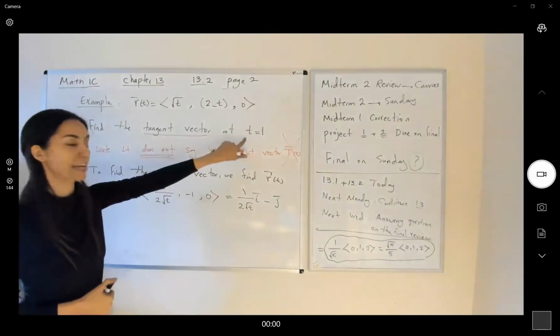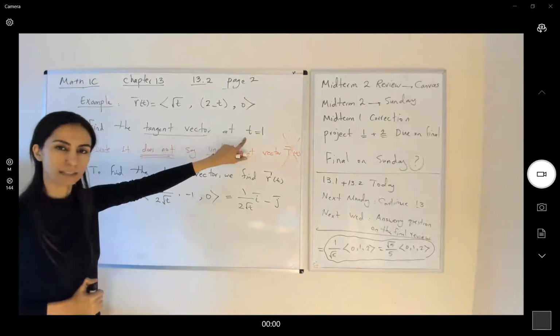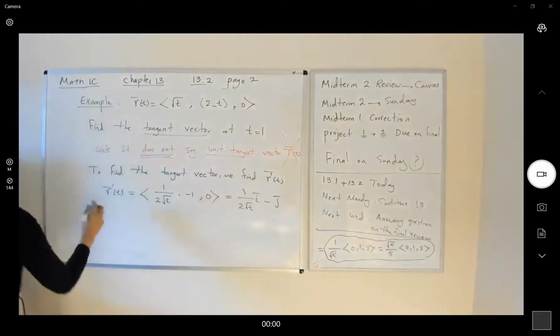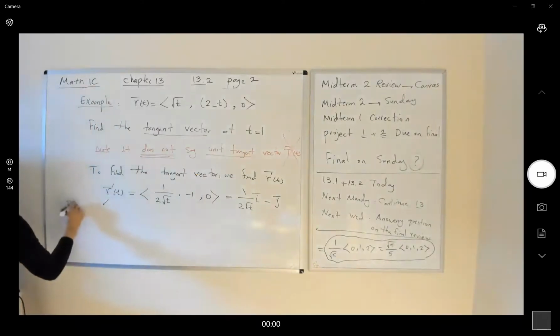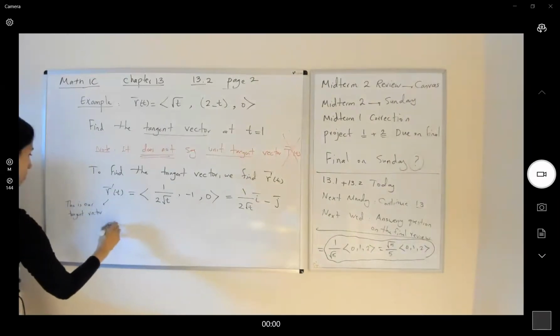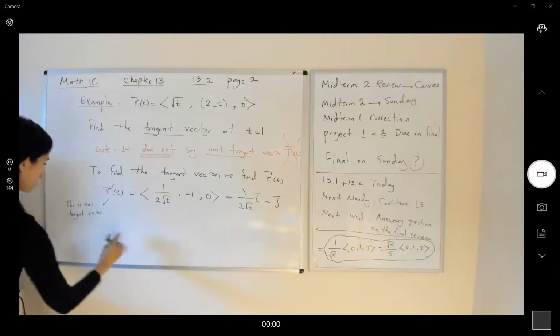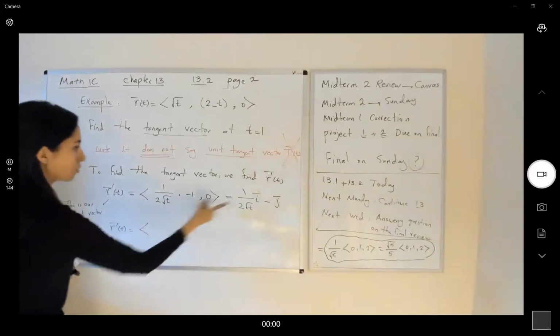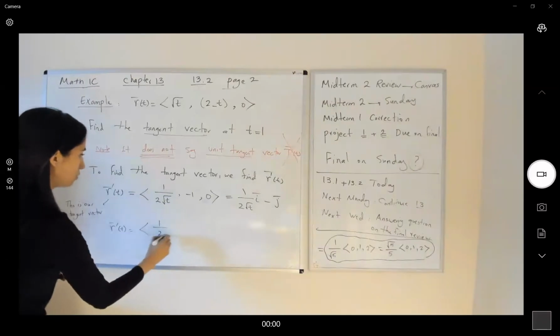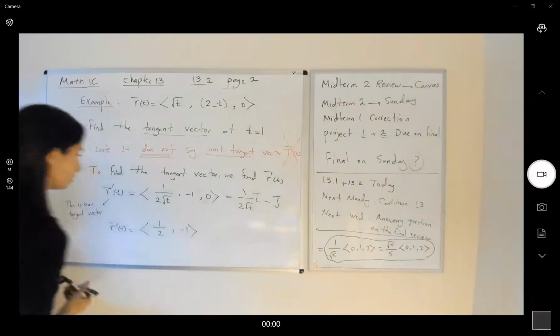It says find tangent vector when t is equal to 1. So this is our tangent vector. r prime at 1 is equal to, so just plug in, 1 over 2 and negative 1.